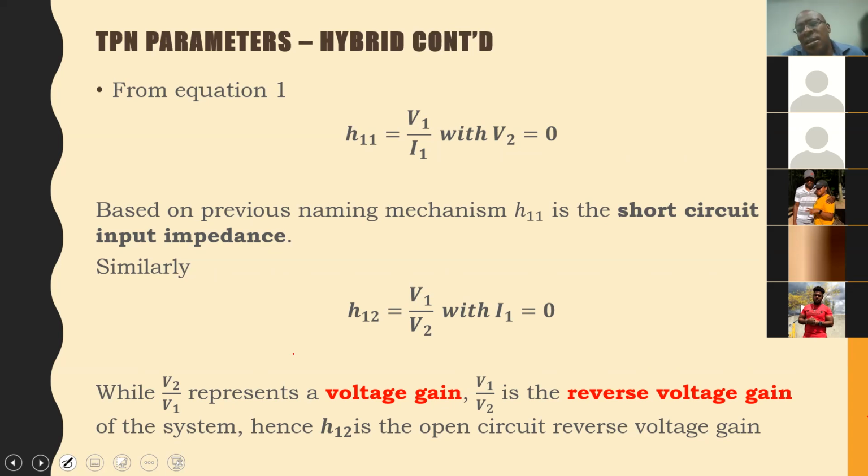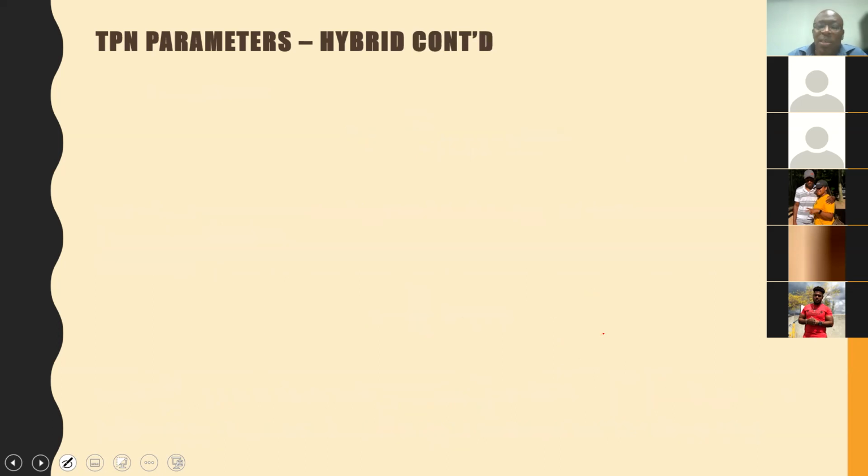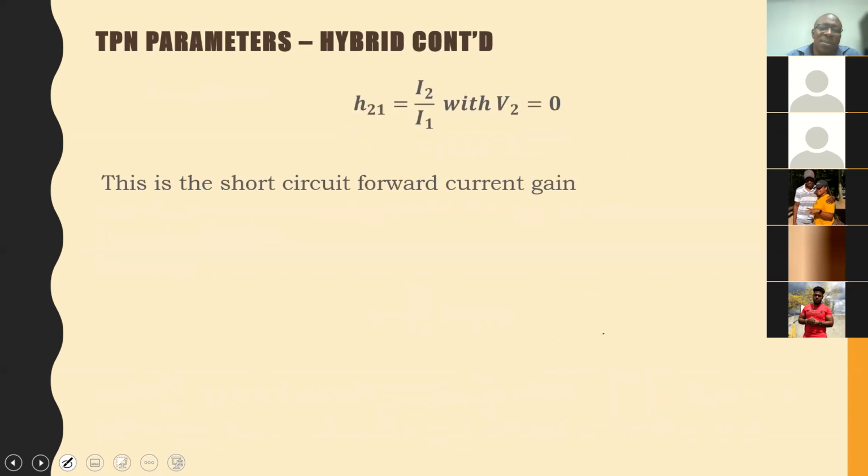However, just for consistency, instead of just saying current gain, because we use the term reverse for the voltage gain, we say forward for the next one. All right. So H21 is I2 over I1 with V2 being equal to 0. And so that is the short circuit forward current gain.